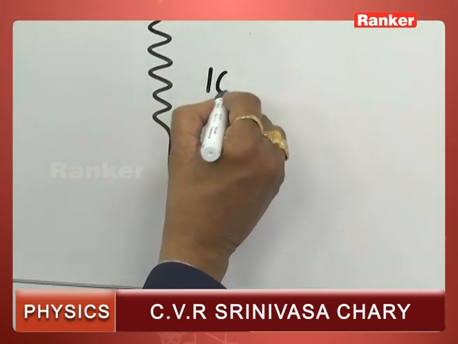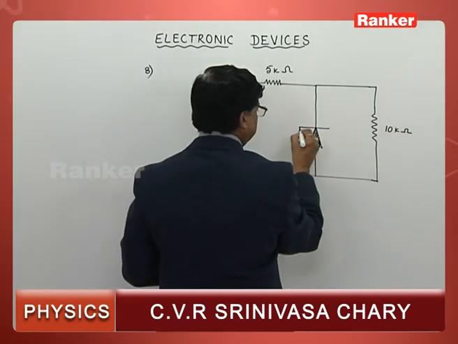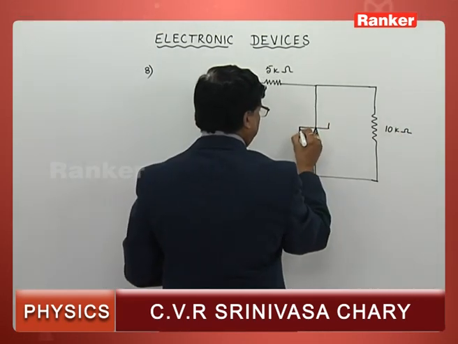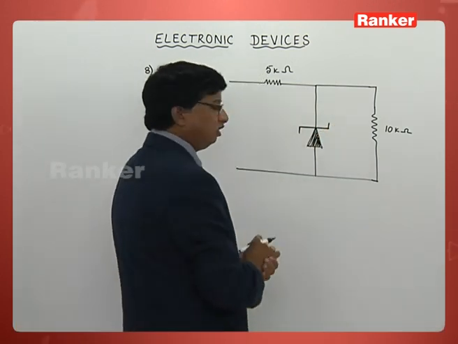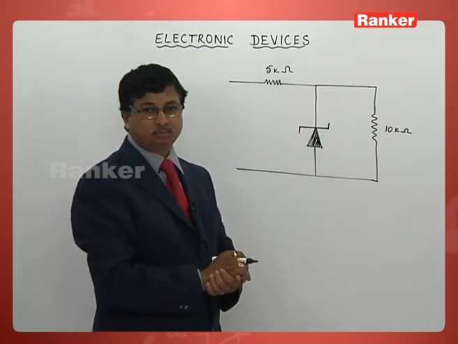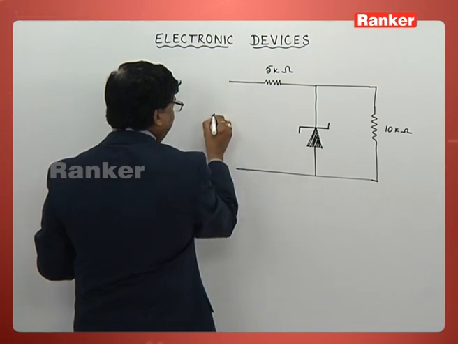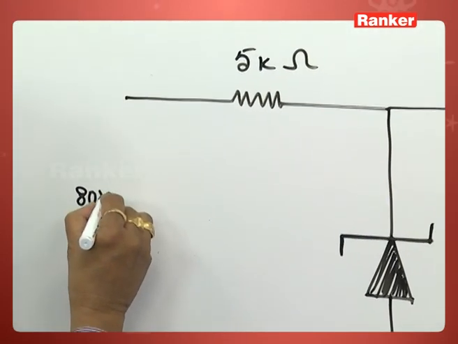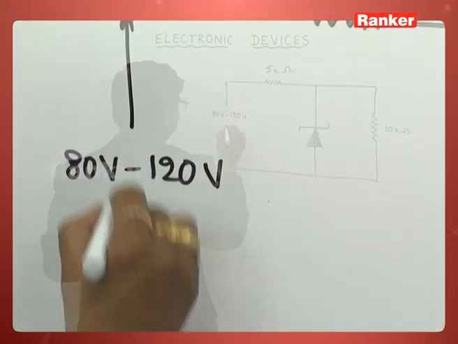This value is given 10 kilo ohm. And we know pretty well Zener diode, whenever we draw, that is the symbolic representation. This bar can be written like Z. And here he has just connected 80 volt to 120 volt PD across the system.